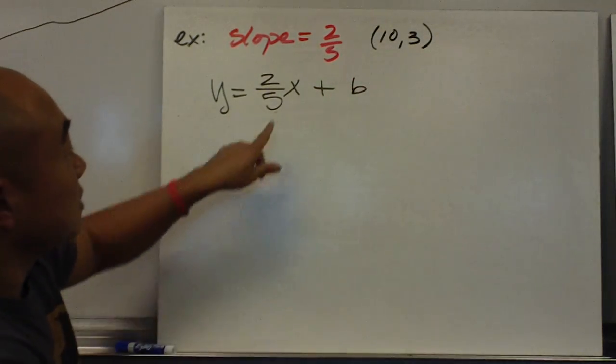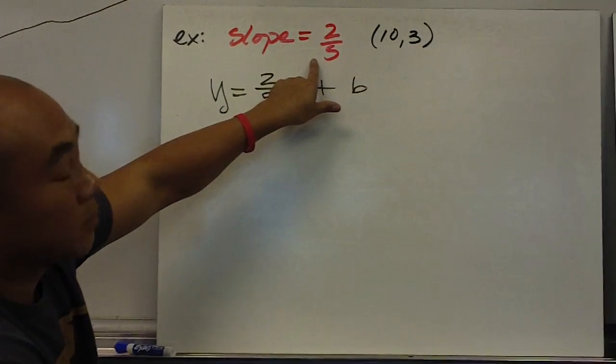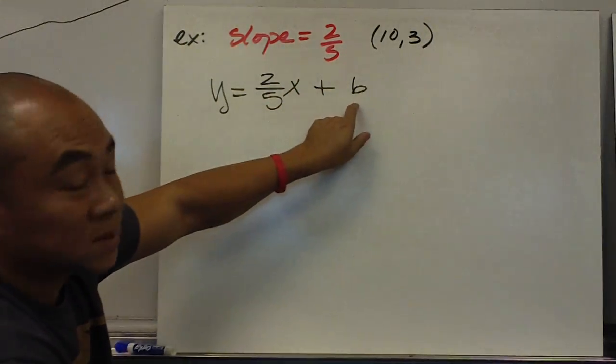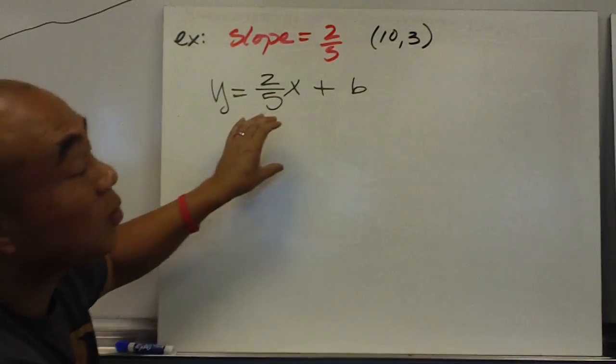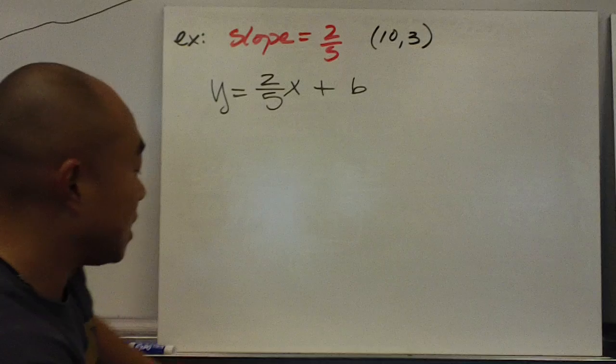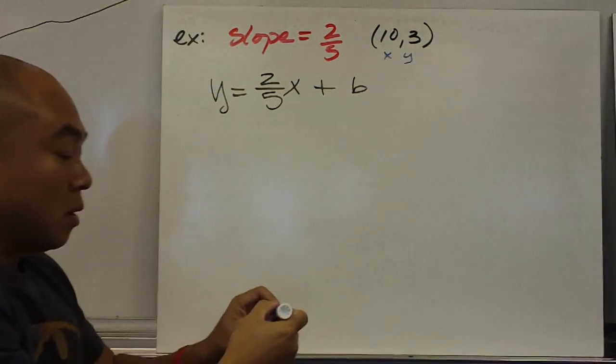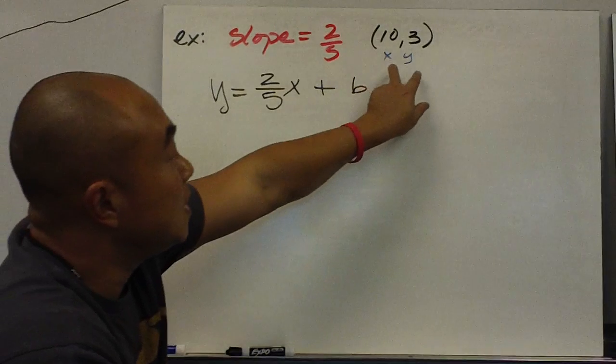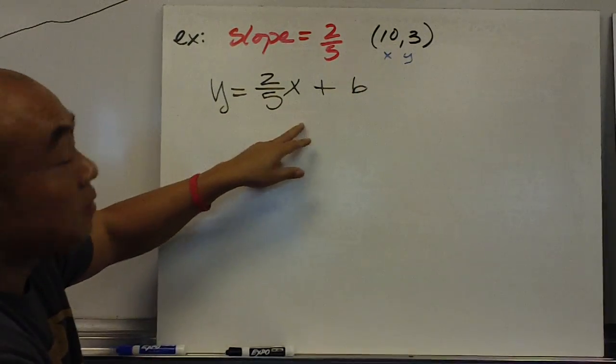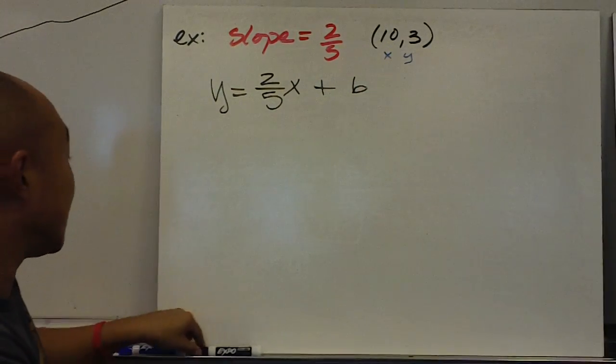Now, you know your slope, but you don't know what b is, and we need it to write the equation in that nice format. But we do know we have our ordered pair here, which is our x and y. Just like what you did before, these can be plugged into your x and y's. So let's put that in.